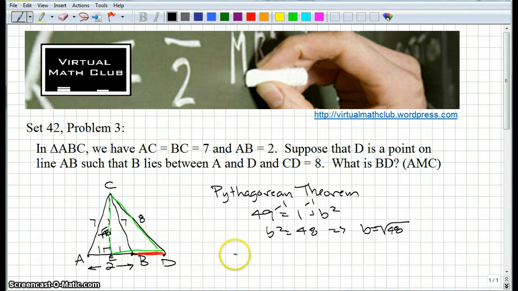That means 64, which is 8 squared, the hypotenuse squared, is equal to the leg squared, 48, plus the third side, which I'll call ED squared. Instead of calling the other side b, I could have called it EC. So this is EC.